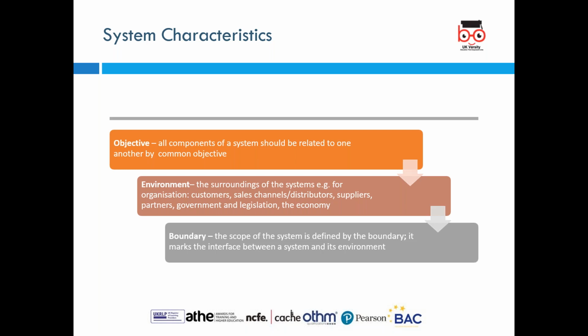And also boundary. Therefore, we're going to look into the scope of the system, which defines the boundaries, and by the boundary we are just setting some limits which do not have to be crossed, and it marks the interface between the system and the environment.